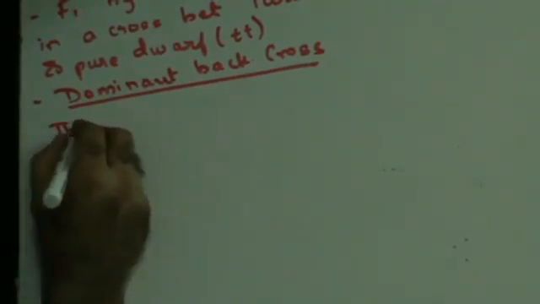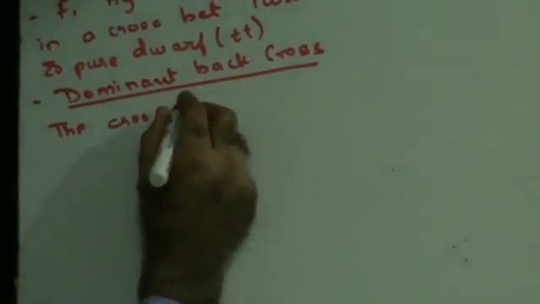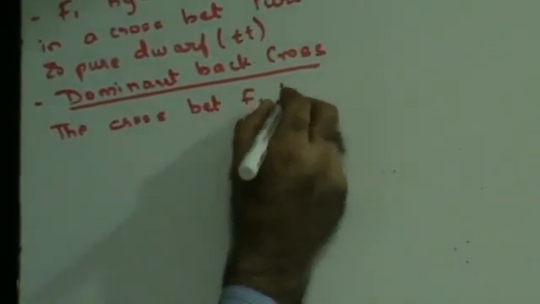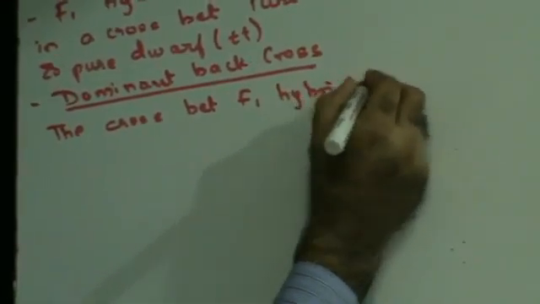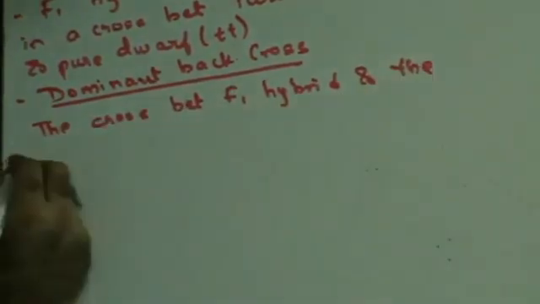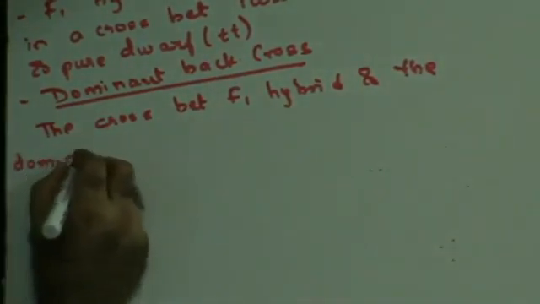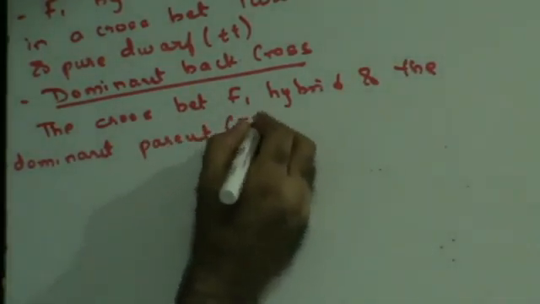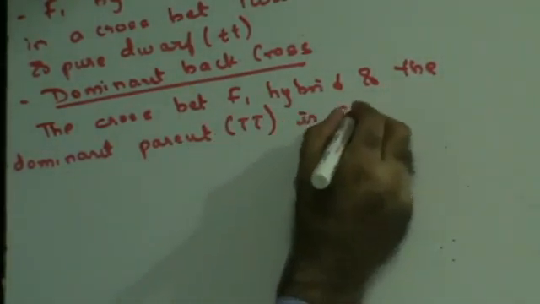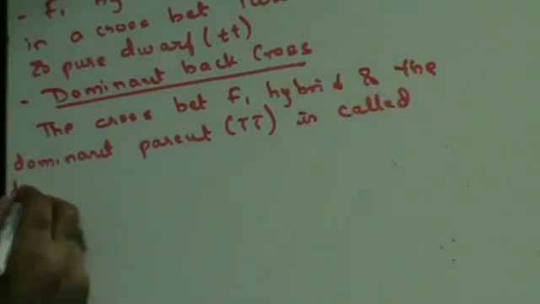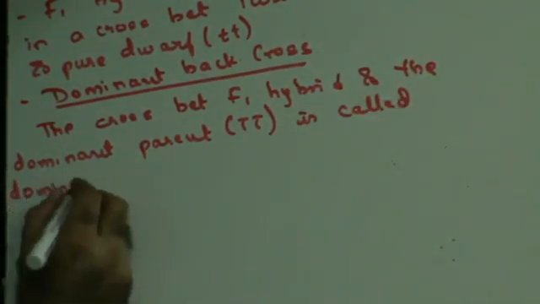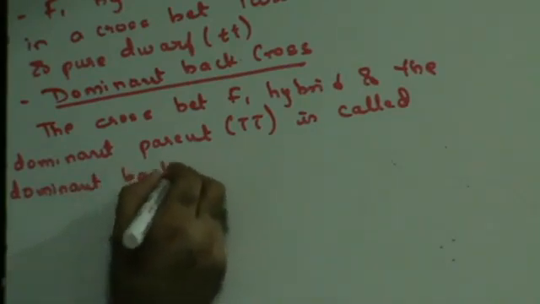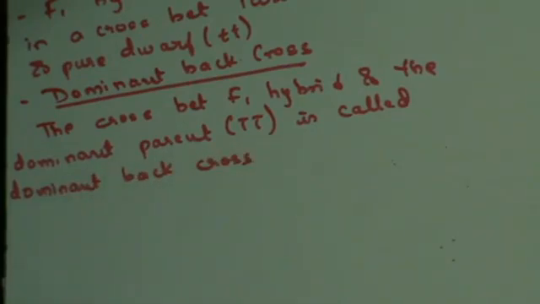The cross between F1 hybrid and the dominant parent, that is TT, is called dominant backcross. Fine, do we get this? So do we understand what is dominant backcross?